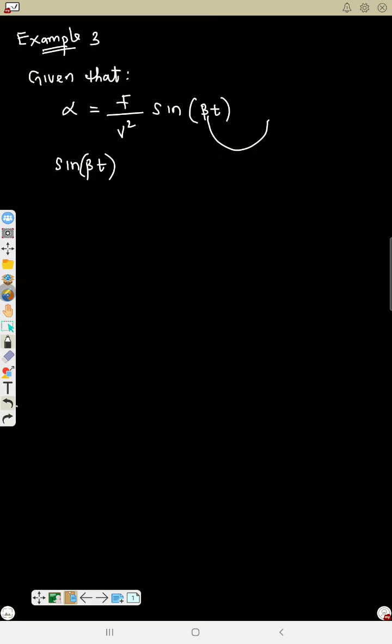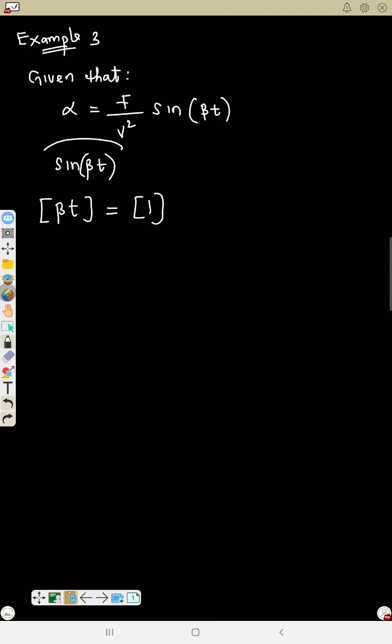So if I consider sine, everything inside this bracket is dimensionless. It means the dimension of beta t is equal to 1, meaning it's dimensionless. Dimension of beta t is 1.